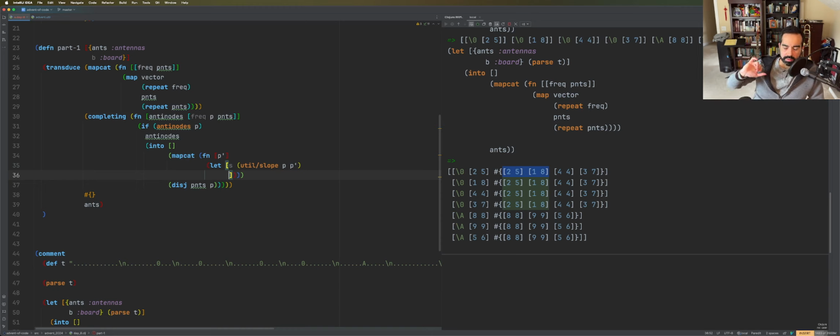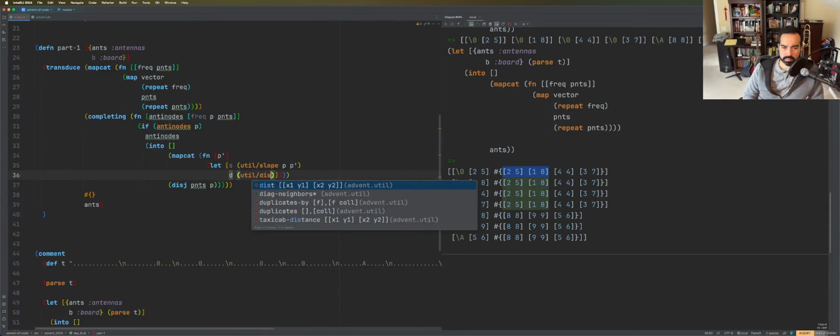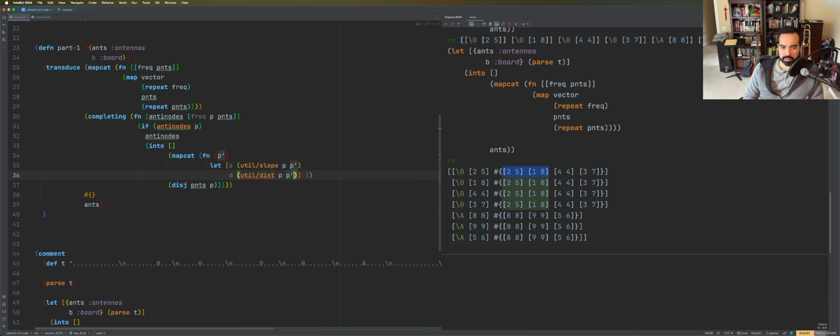And then we have a distance. P and P prime. Wait. Y equals mx plus b.